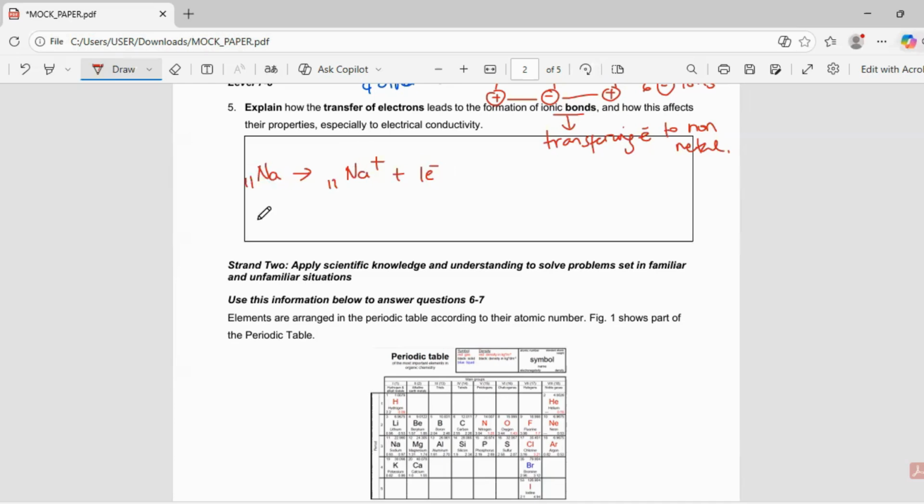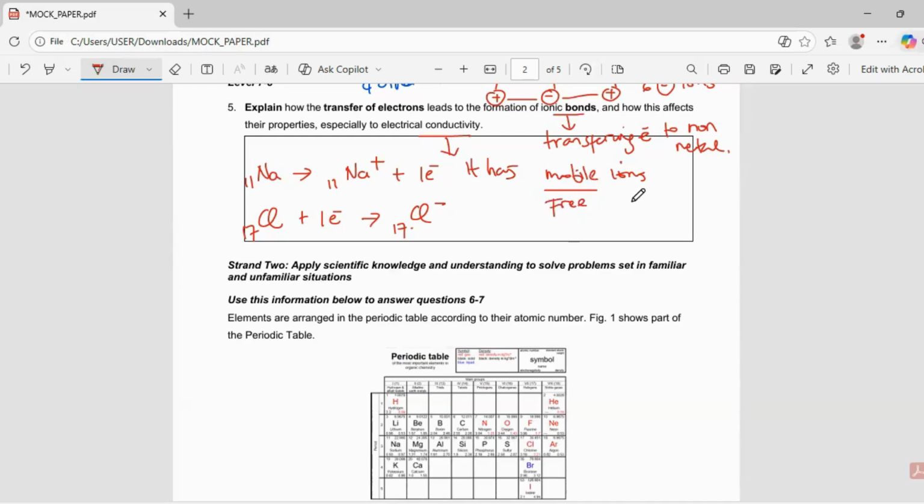So you have a positive ion here. And then chlorine, on the other hand, will capture that electron. So chlorine plus one electron becomes Cl negative. Now, as you can see here, we produce ions. Now, why can they conduct electricity? Because it has mobile ions, or free ions.